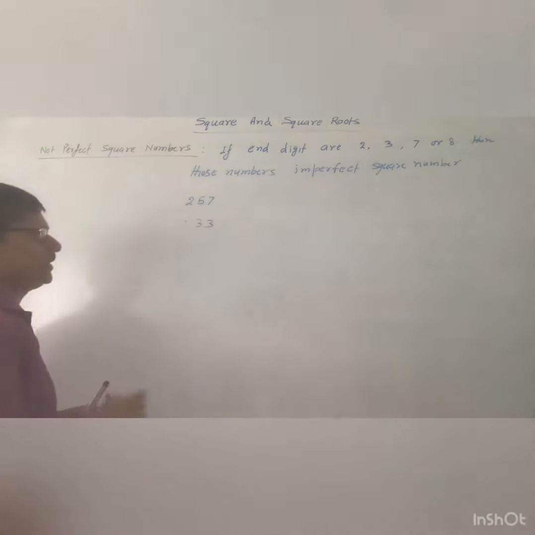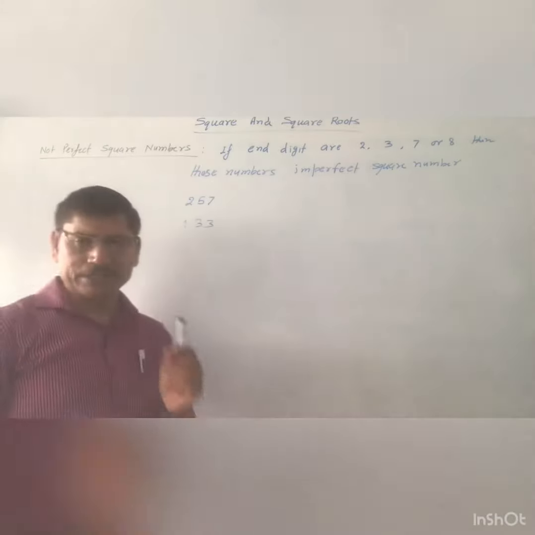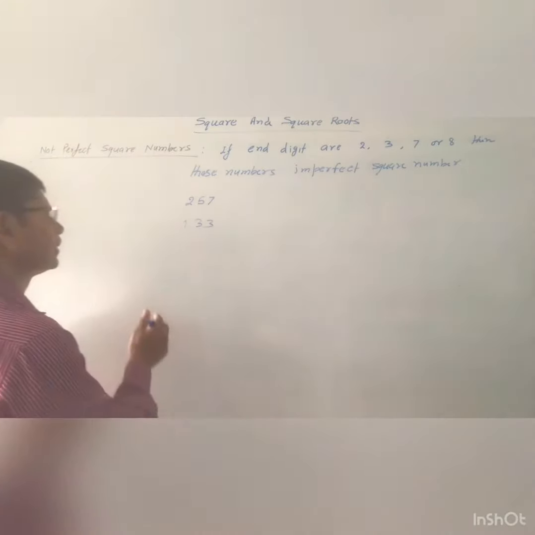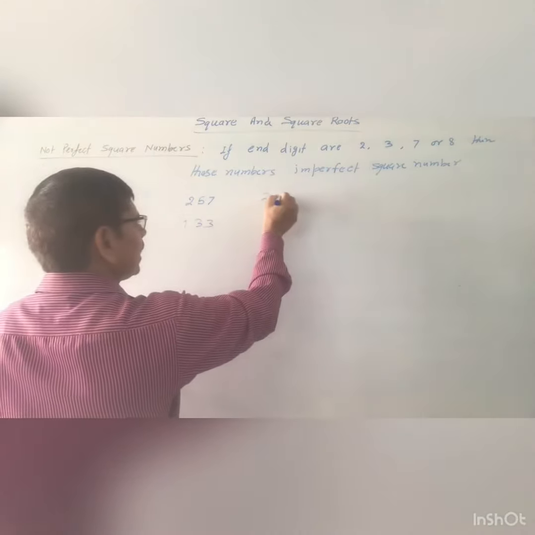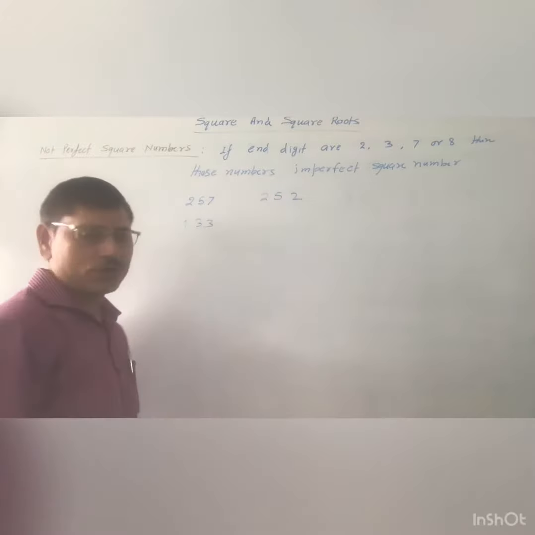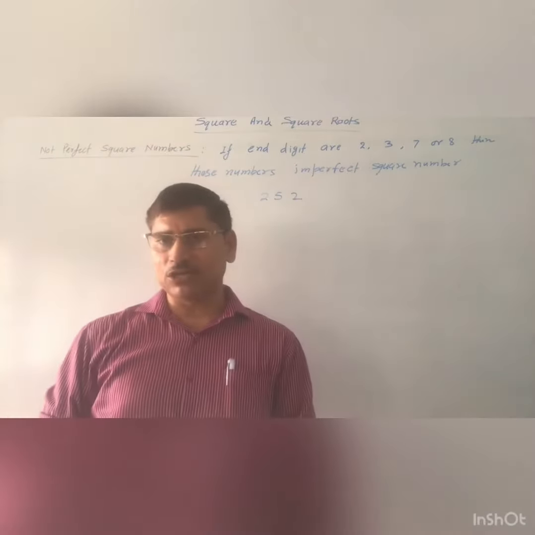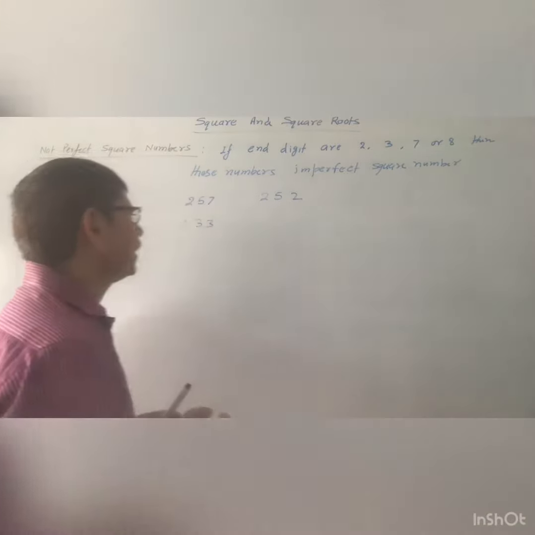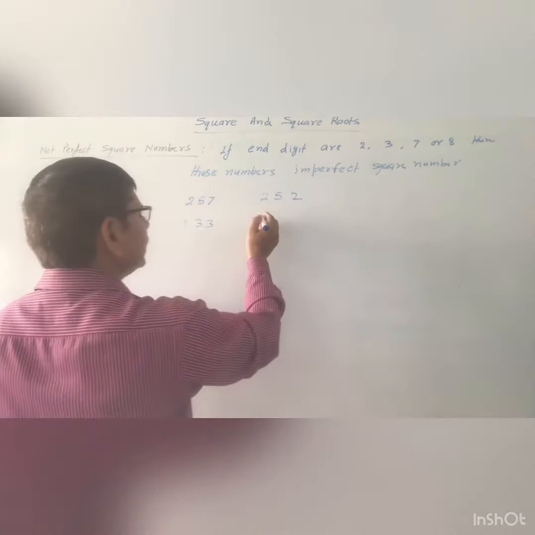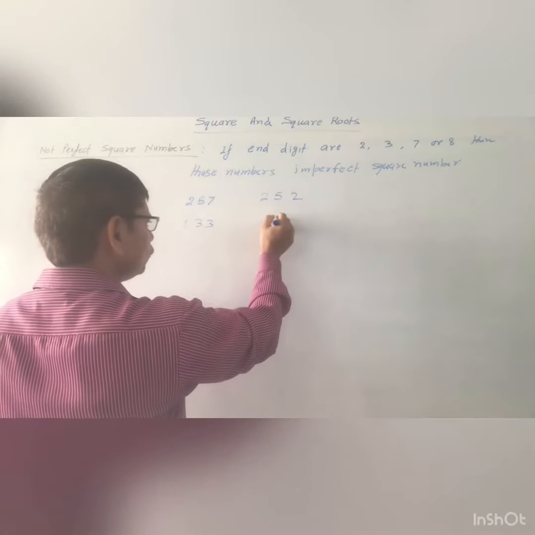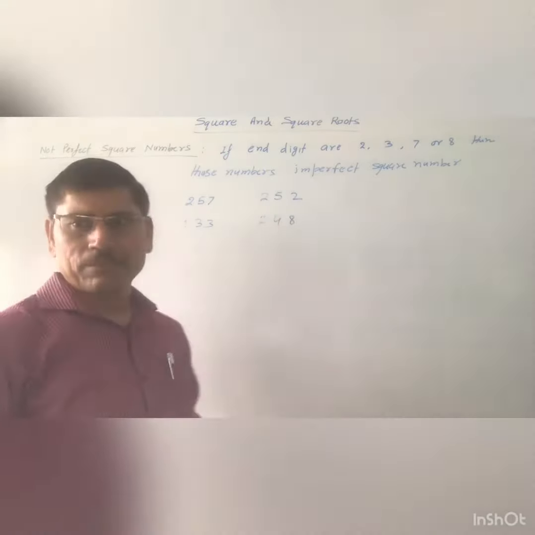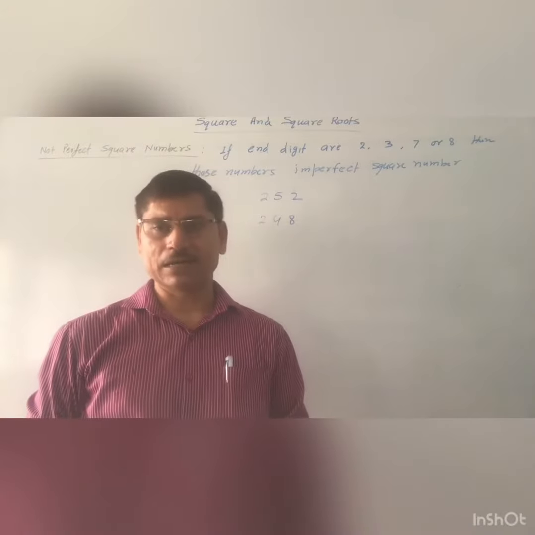Since one's place digit is 3, that is end digit is 3, this is not a perfect square number. 252. This is not a perfect square number because end digit is 2. And similarly 248. This is not a perfect square number.